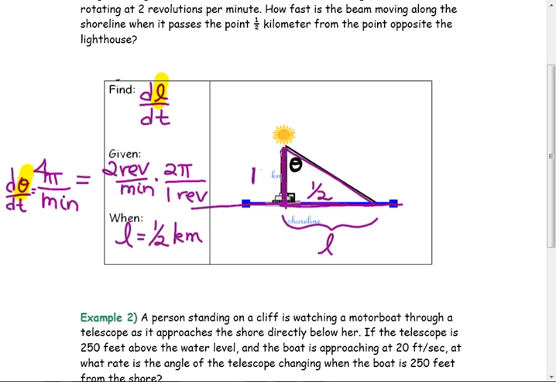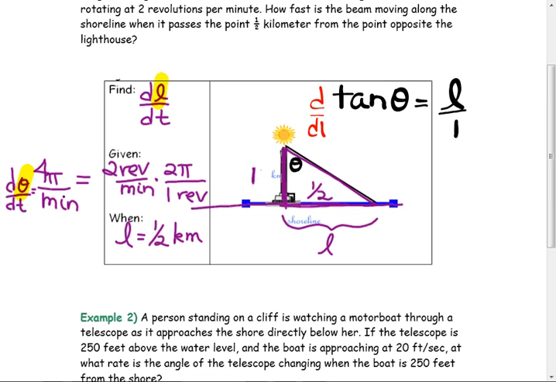I've got 6 trig functions I could use, but I want one that uses L and the one that I know, theta. So the tangent of theta is equal to what? L over 1. Just so that people could see it's the tangent. So now, let's take the derivative of that.